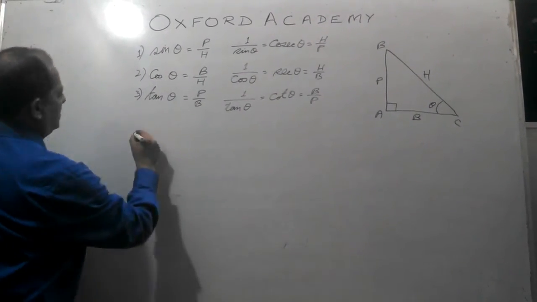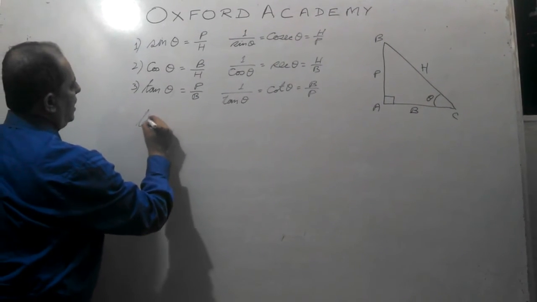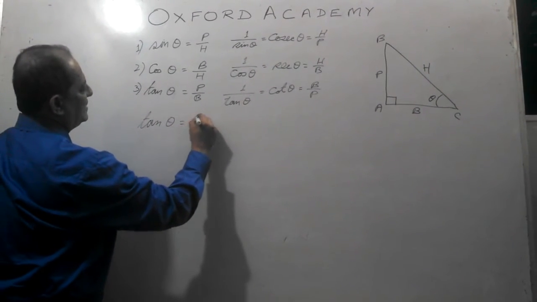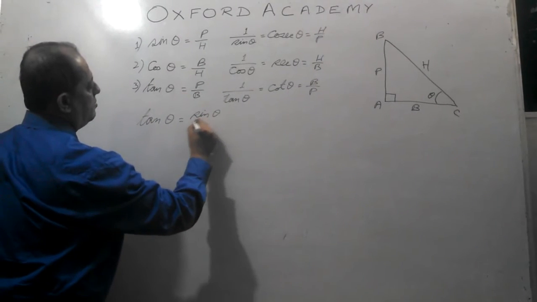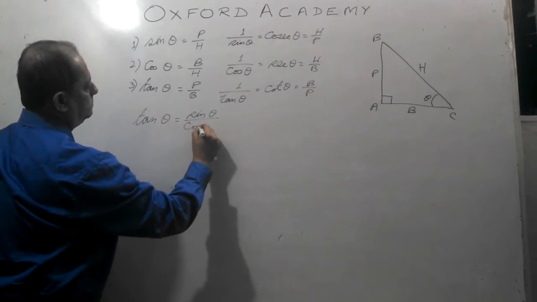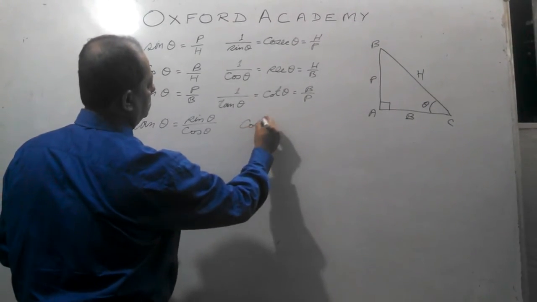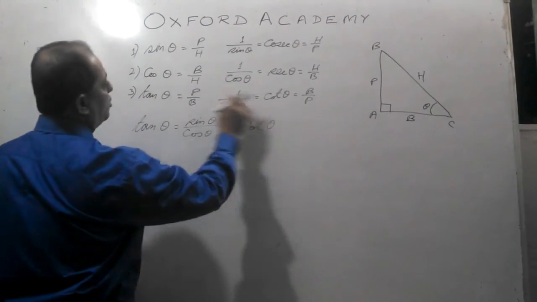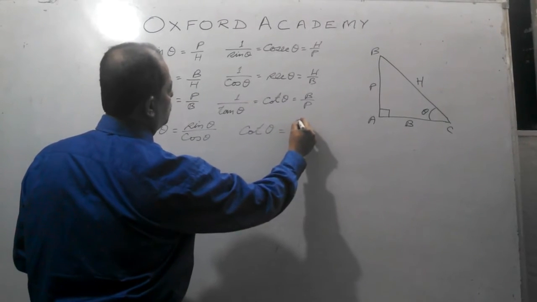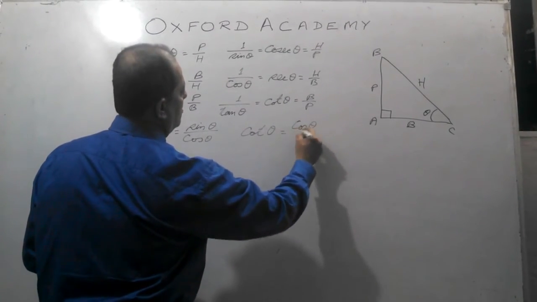Now, tan theta can also be written as sin theta by cos theta. And cot theta, as we have seen, is the reciprocal of tan theta. It is equal to cos theta by sin theta.